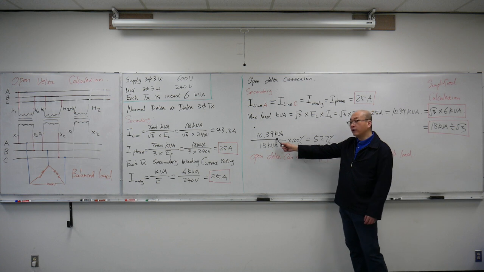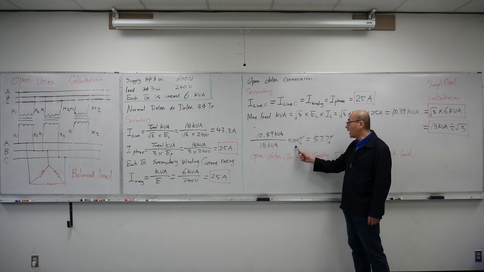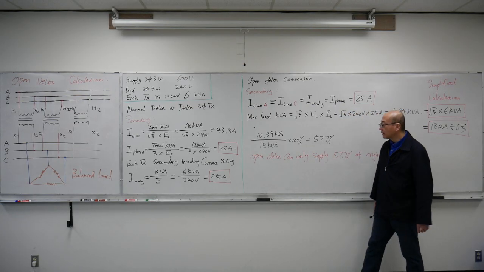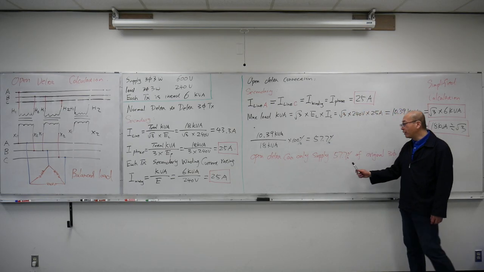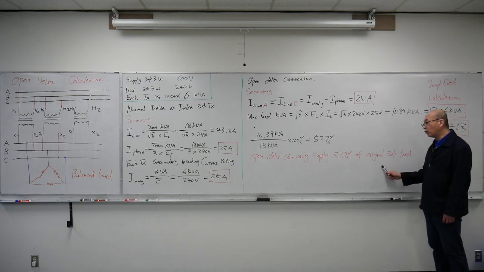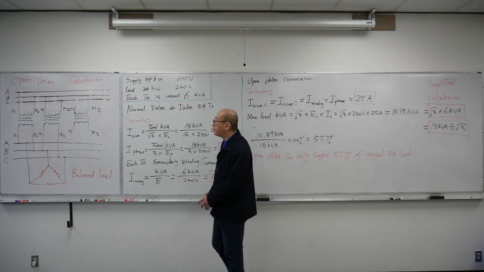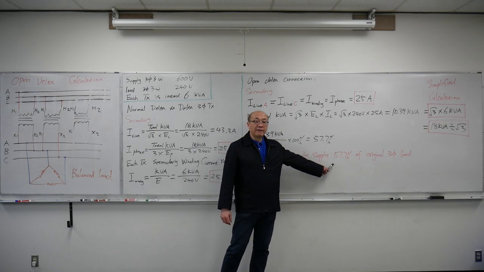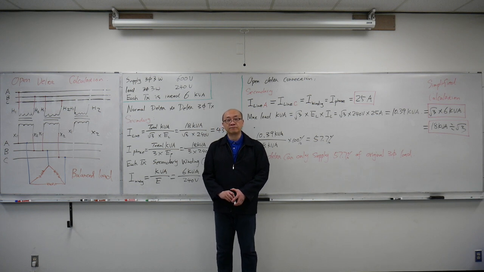Also, this 10.39 kVA divided by the original 18 kVA times 100% gives us 57.7%. So open delta can only supply 57.7% of the original three-phase load. If we're ever using open delta, in case one of the transformers breaks down, you have to reduce the load to 57.7% of the original load you put on there.